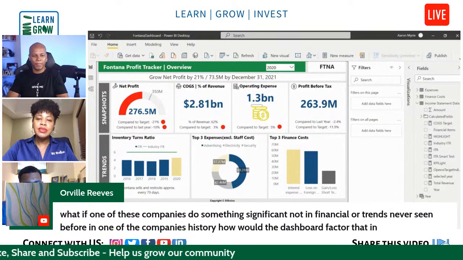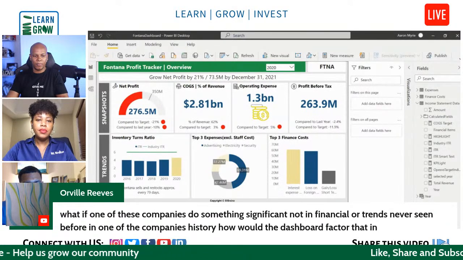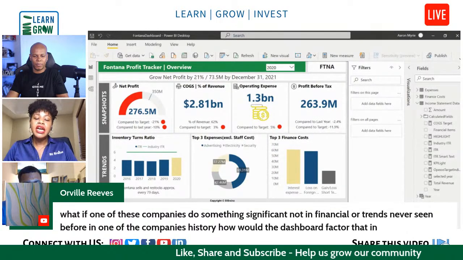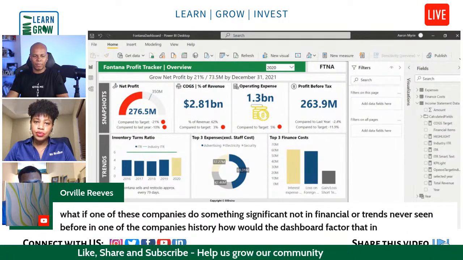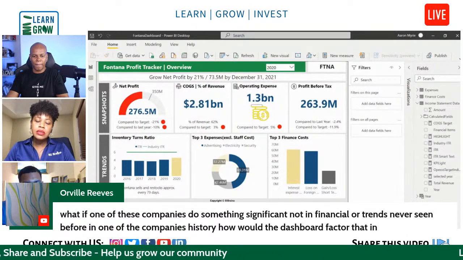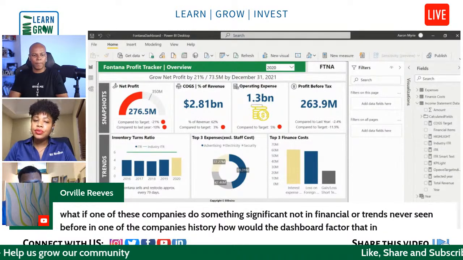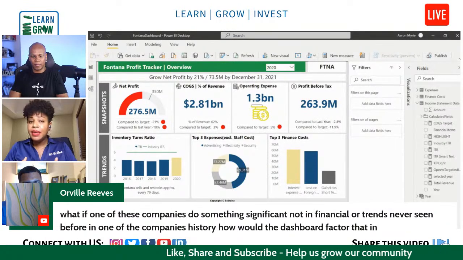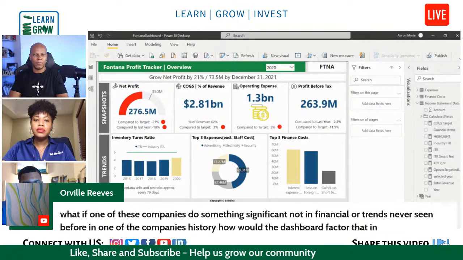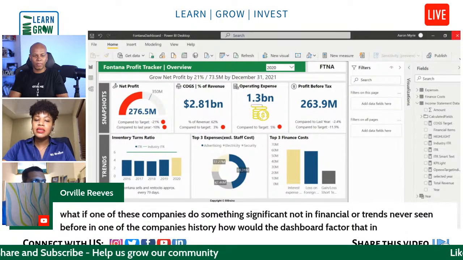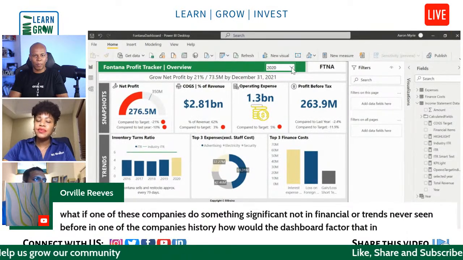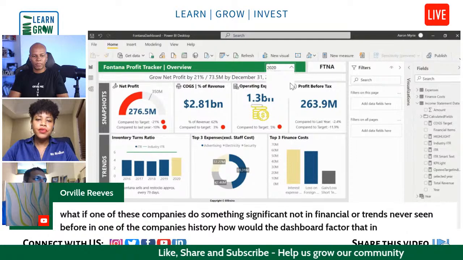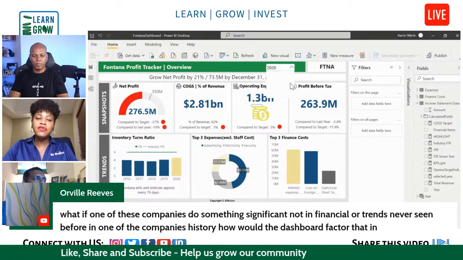So for the dashboards, how the dashboards are built now is they are pulling data from the annual reports that are posted by the companies. So if the information is not in the annual report, then it wouldn't be reflected in the dashboard. While the dashboards are dynamic, like for Fontana, if you click on the year drop down, you can see the data for 2019 as well as 2017. For Fontana, it was 5 years or 4 years, just based on what information was available.